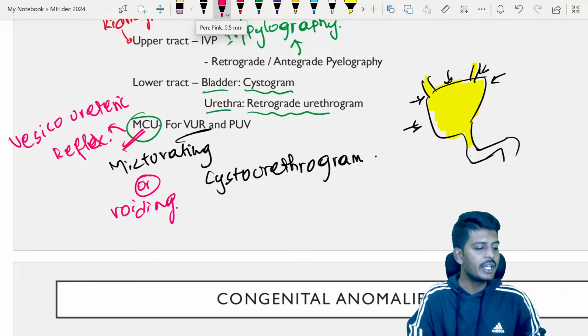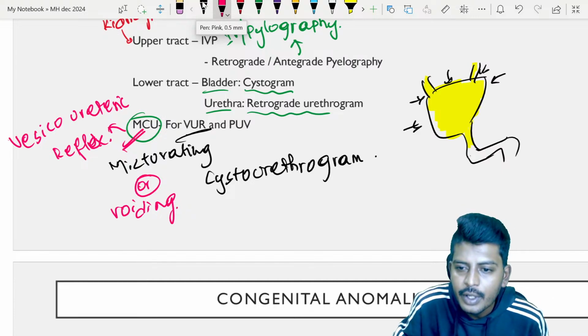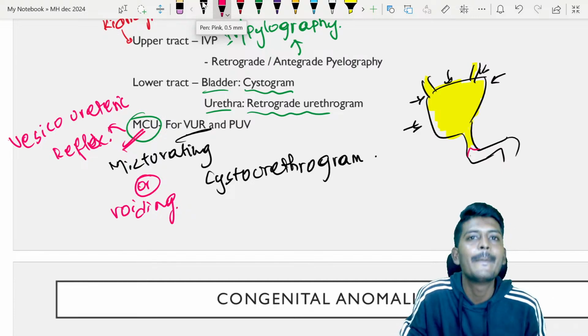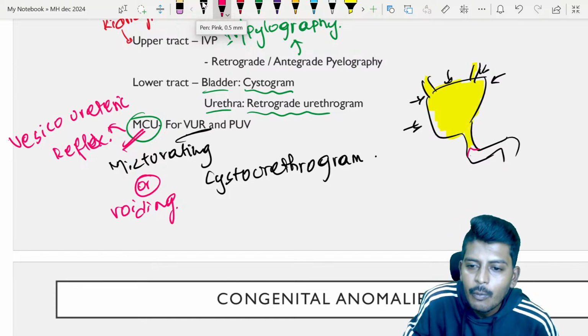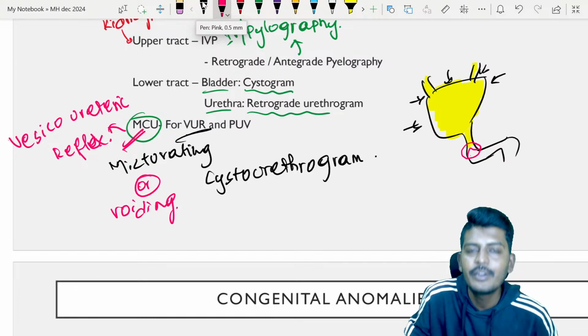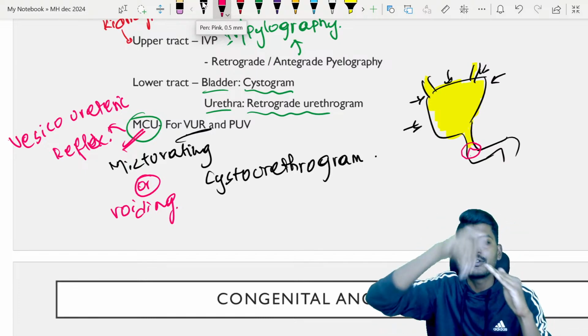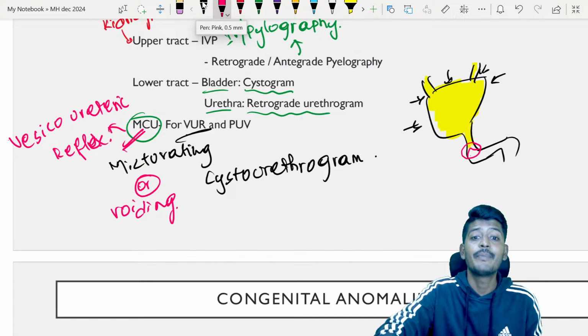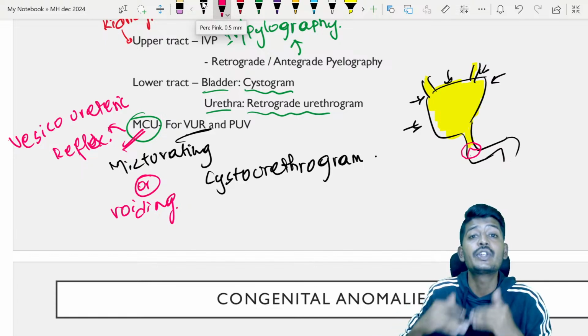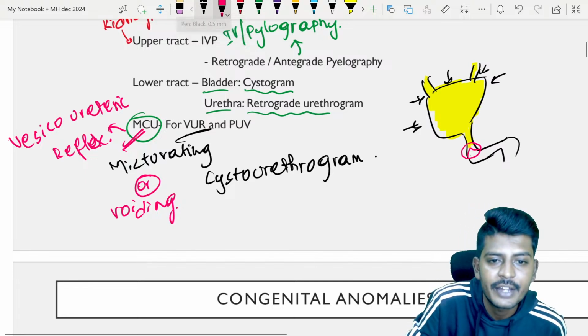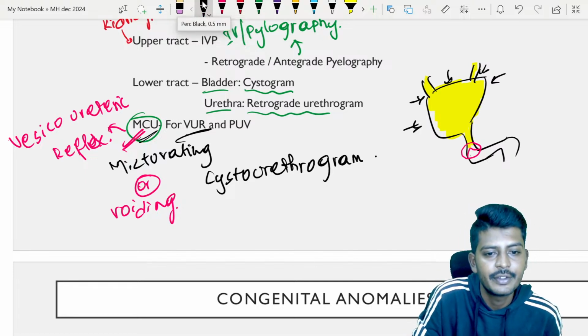What is a posterior urethral valve? In young males, it is a congenital abnormality in which abnormal valves are present, which do not allow the contrast to come down. If we suspect that disease, for both of them the investigation of choice is MCU.